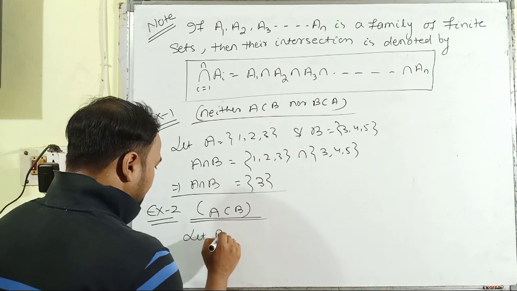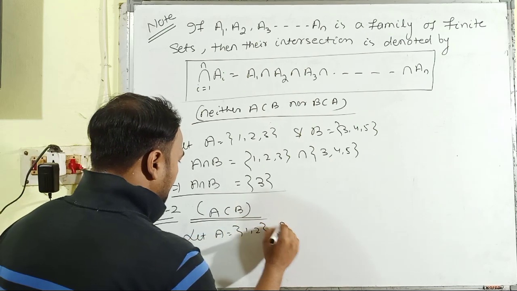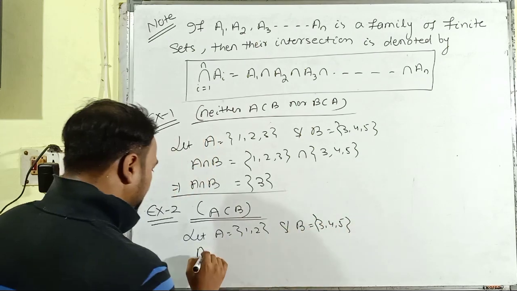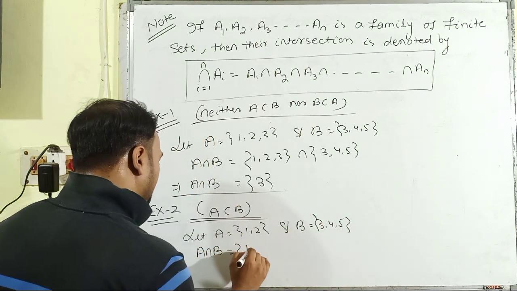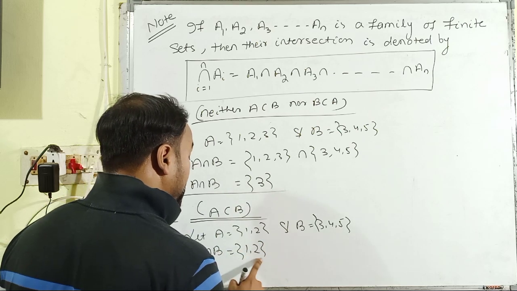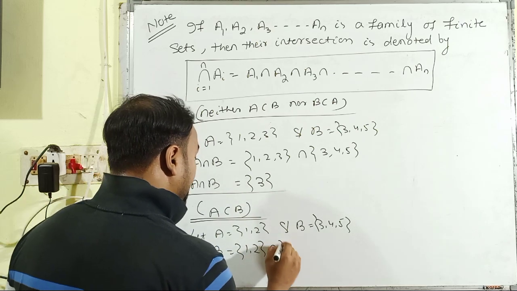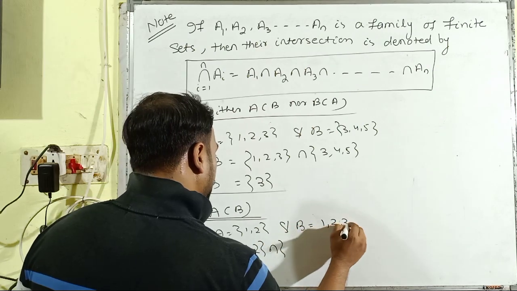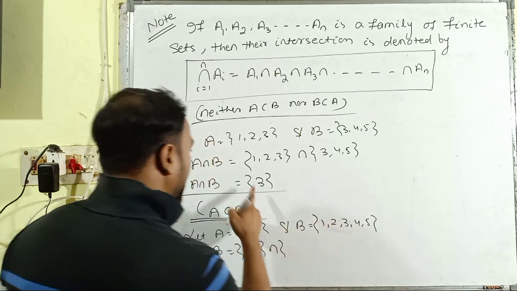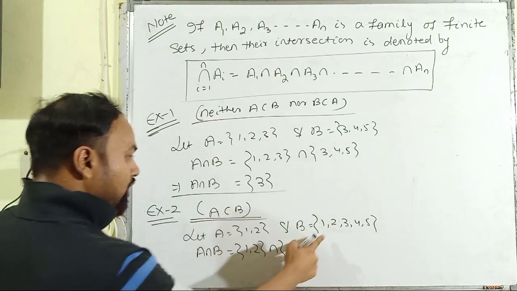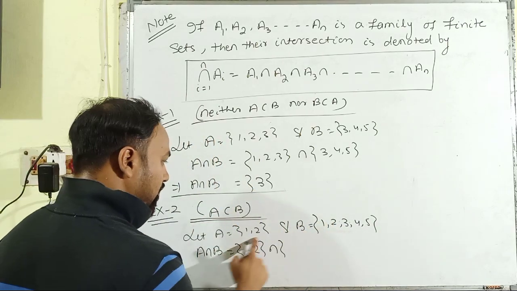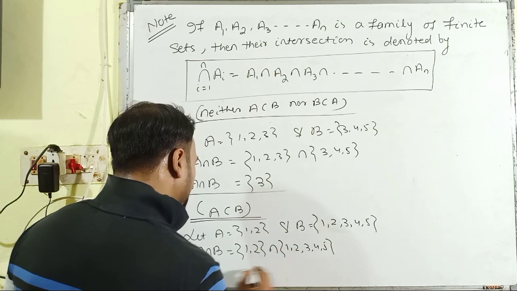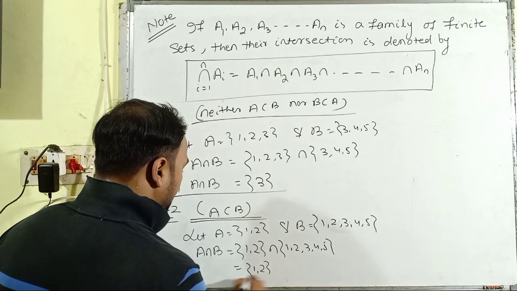Let set A be equal to {1, 2} and set B be equal to {1, 2, 3, 4, 5}, because we have taken it as A subset of B. We have to find the intersection of A and B. So A, which is a subset of B, intersected with {1, 2, 3, 4, 5}, and the common elements are 1 and 2.